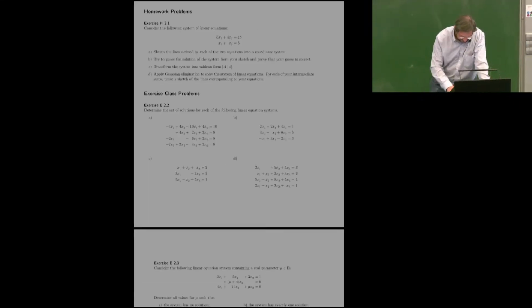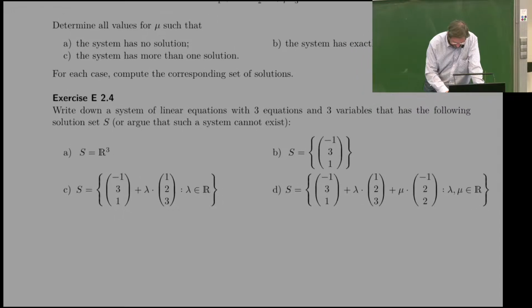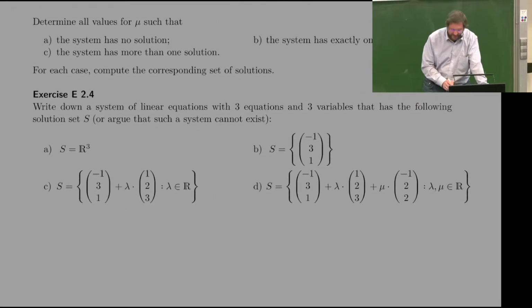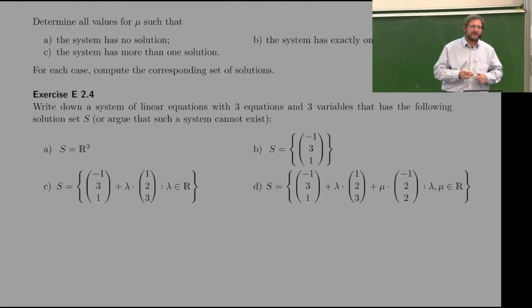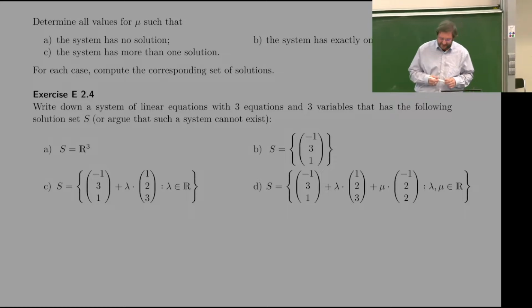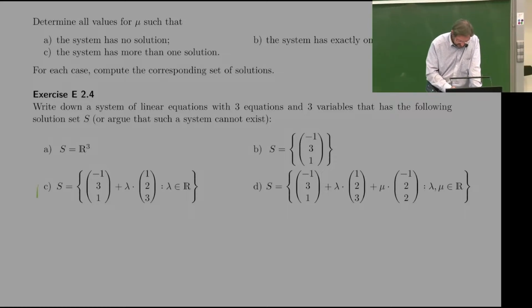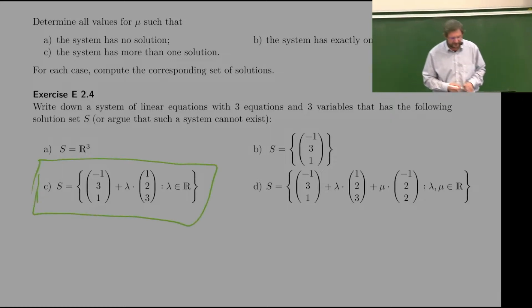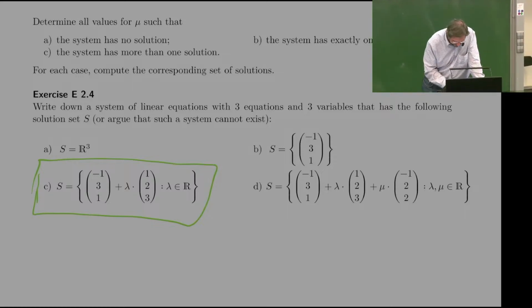I should have sheet 2 somewhere right here. So you hopefully remember that exercise 2.4. We've just talked about that last Thursday in the exercise classes. Specifically, I'd like to take a quick look at this one here. Let's see if I can just copy that into my notes.